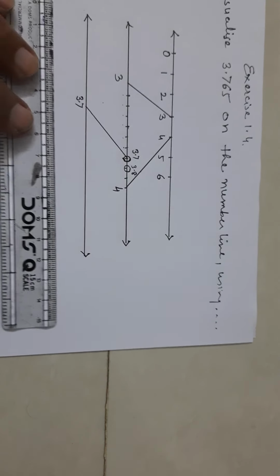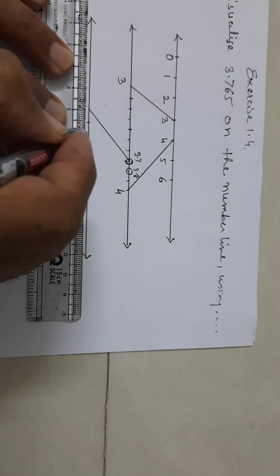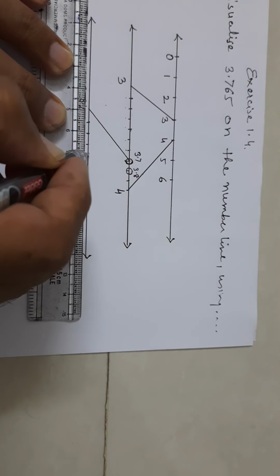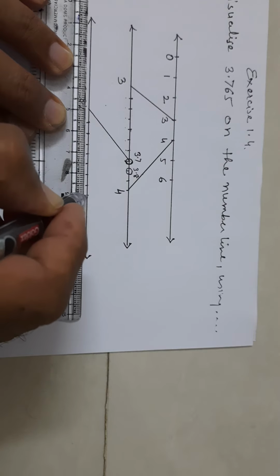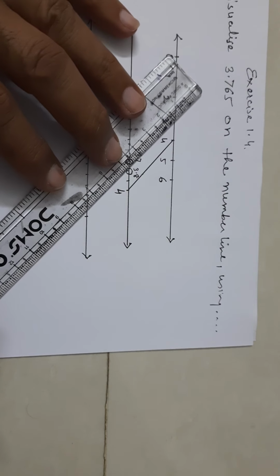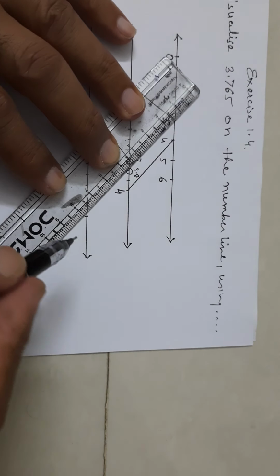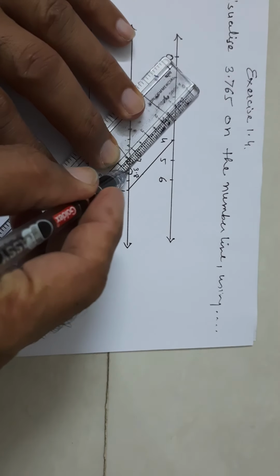Let me divide 10 equal parts from 3.7, of course. So it is 1, 2, 3, 4, 5, 6, 7, 8, 9 and 10. That is our 3.8.